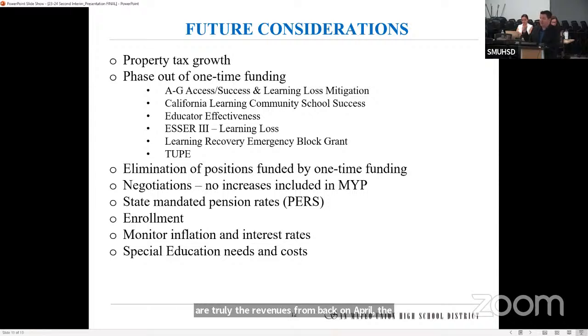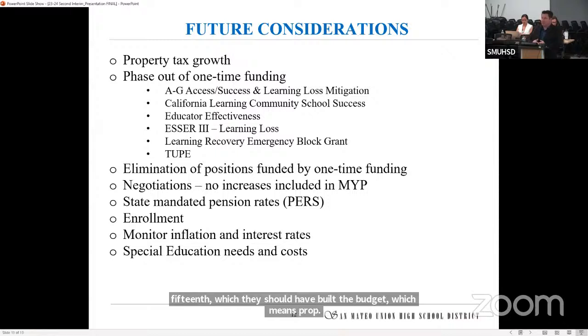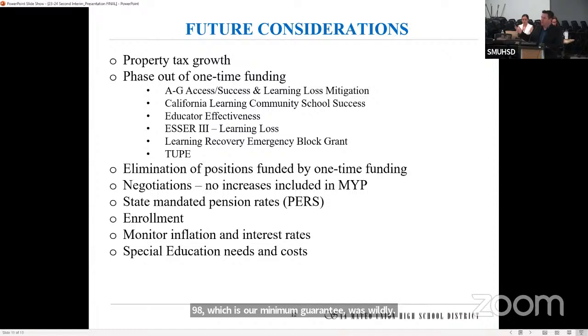Which means Prop 98, which is our minimum guarantee, was wildly off. It was overestimated to the tune of almost $10 billion, or around $10 billion. So in a good thing, the governor actually allocated that money to education, and so it was technically over-allocated.